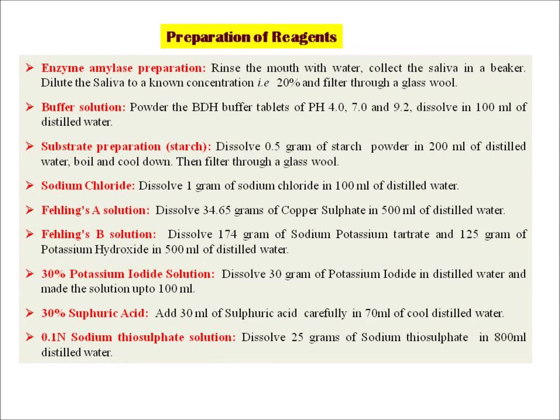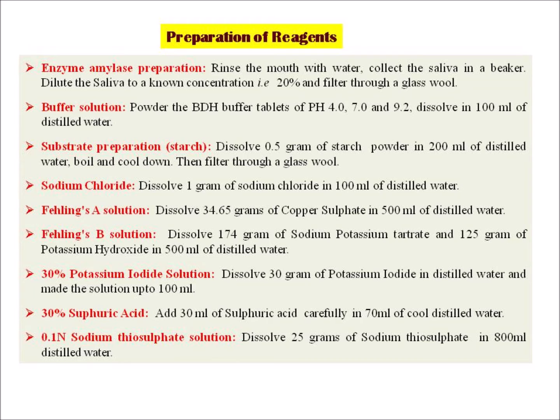Fehling's B. Dissolve 174 grams of sodium potassium tartrate and 125 grams of potassium hydroxide in 500 ml of distilled water. 30% potassium iodide solution. Dissolve 30 grams of potassium iodide in distilled water and make the solution up to 100 ml.